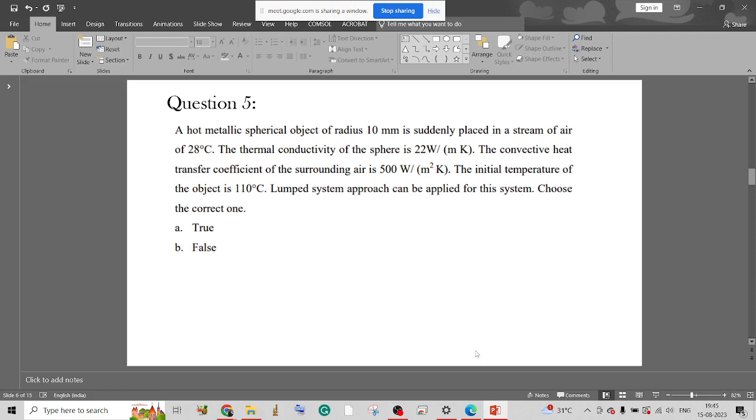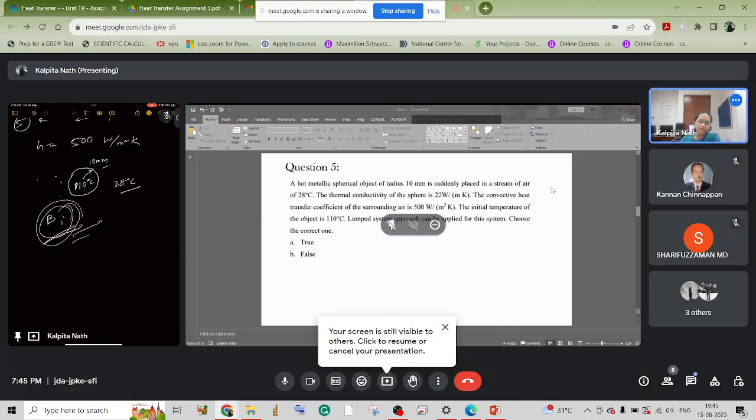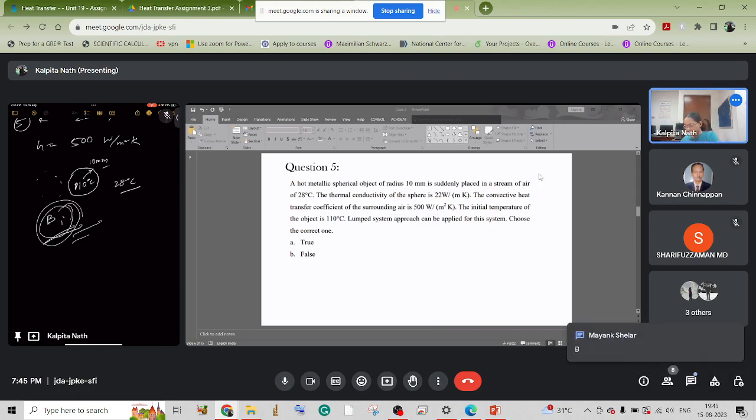Okay, so this is true or false. We have to check whether the lump system approach can be applied for this system or not. So we'll go for checking the Biot number. Anyone? It will be B. Have you checked for the Biot number?